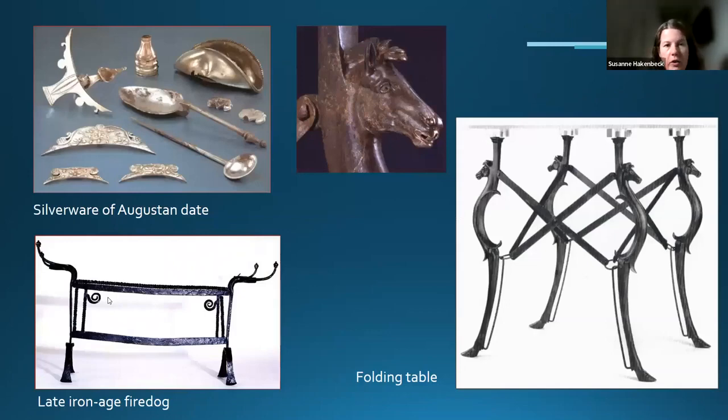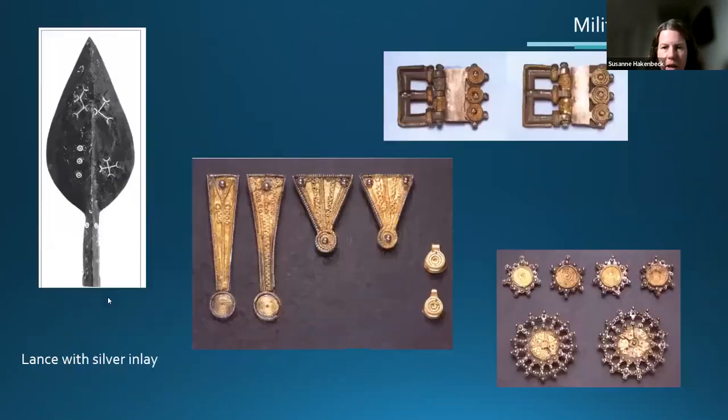So the objects in this chamber grave were really spectacular. There were a number of heirloom objects. There was silverware of Augustan date, predating the chamber grave by more than 100 years. Then there was an Iron Age fire dog. Then on the right, you can see a folding table.